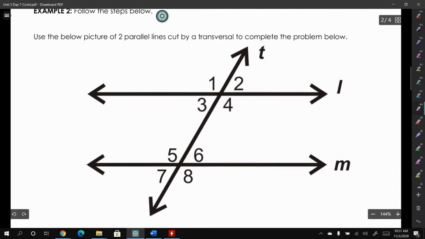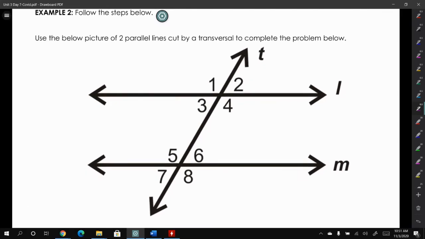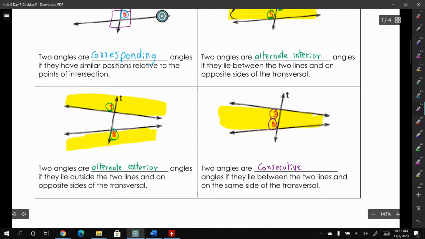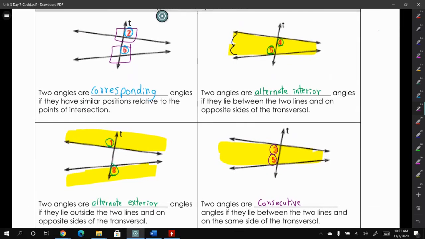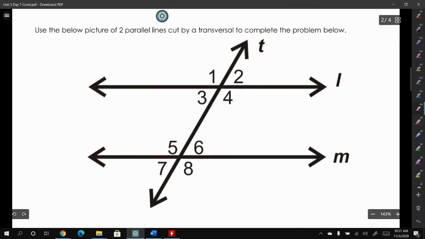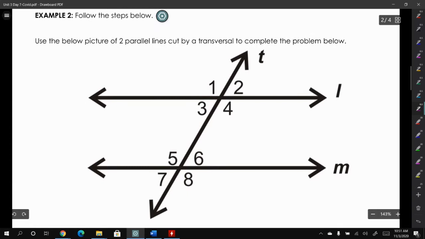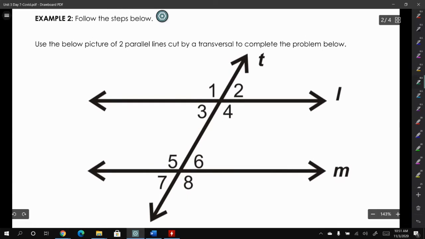So this picture looks different than the ones up here. Our two horizontal lines up here are not parallel. Down here, lines L and M are parallel. These are two parallel lines, and T is our transversal.